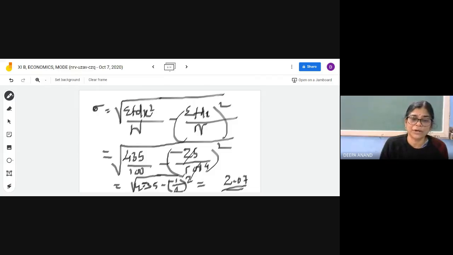So I hope you understood how to find it out. The root part you do at home. The substitution is like this, and the rest you do at home. You just have to substitute 435 upon 100 minus 25 upon 100. Here you will get -1/4, so put the decimal for that.